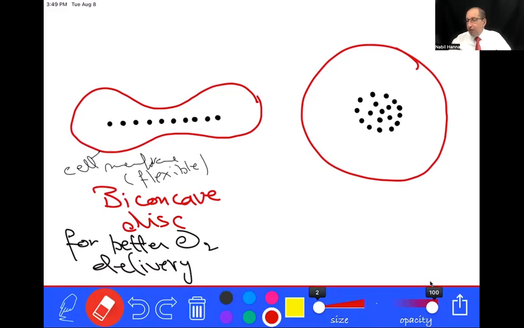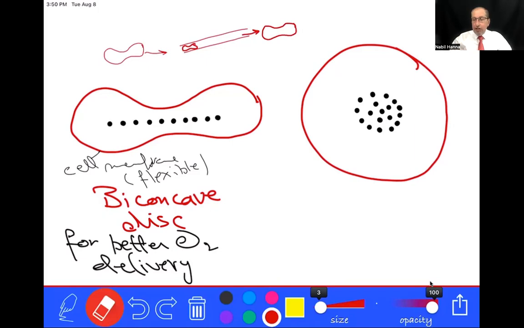So if they pass through very tiny capillaries, this biconcave disc with a flexible cell membrane can squeeze itself, and the red blood cell can go inside tiny capillaries, and then after they get out of the tiny capillary to a bigger venule, they resume their original size and shape. So this is called reversible deformability. And this reversible deformability is because the cell membrane is very flexible.